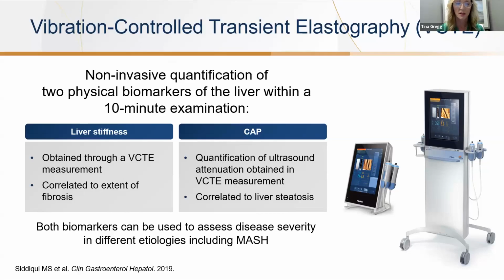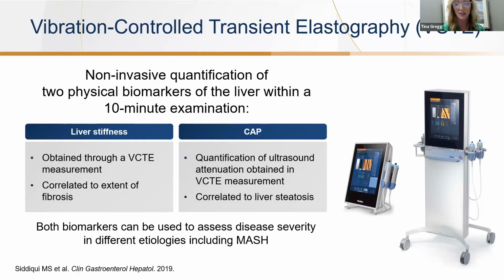So when we talk about measuring stiffness, the ultrasound transducer in that same probe simultaneously tracks how fast these shear waves move. Stiffer liver tissue allows shear waves to travel faster, while softer, healthy tissue allows shear waves to travel slower.